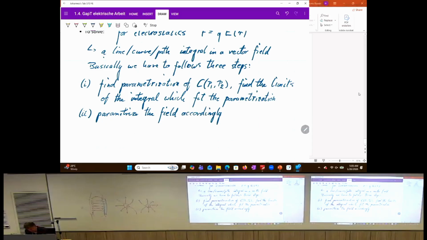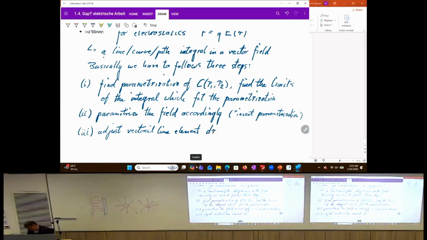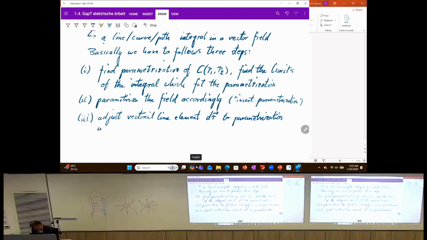That means inserting the parameterization. And the third part, you remember, is to adjust the vectorial line element. This dr we have to adjust to the parameterization also. And we have to do it in a way that we follow the curve.